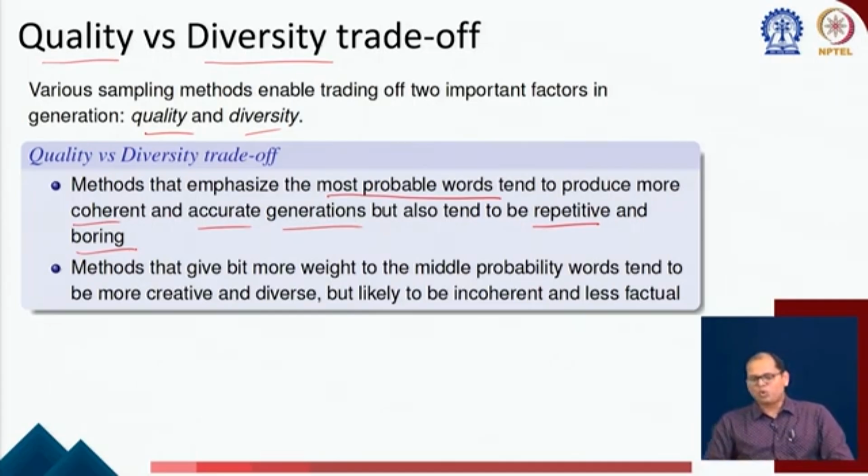But if you want to do tasks like summarization or creative writing, then they may not always be the best solution. Methods that give a bit more weight to the middle probability words tend to be much more creative and diverse, but they may be less factual. So there is always a trade-off between being factual versus being creative, and we can do this trade-off through sampling. We can use different sampling methods through which we can generate more creative combinations.